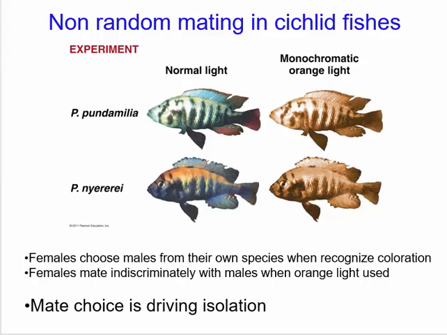But if you experimentally house these fish under a monochromatic light, the females will mate indiscriminately with males, whether it's apparently one species or another, and they can mate. That would suggest, well, are they then a different species at all from the biological species concept? What's happening here is that under normal conditions, mate choice is driving the isolation between these different species, or what maybe border on different species.